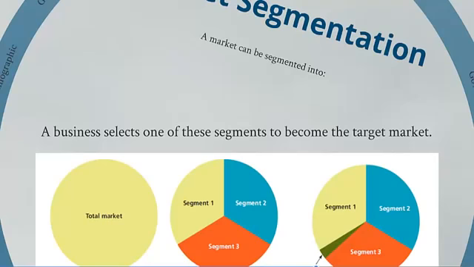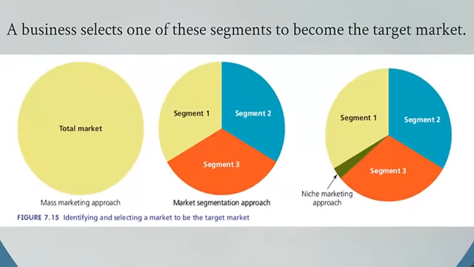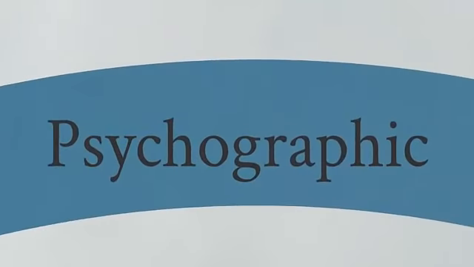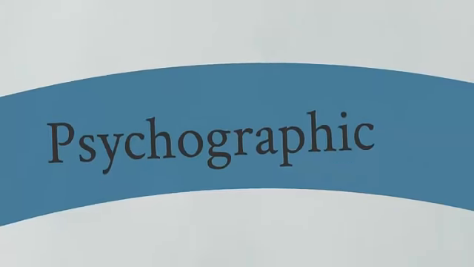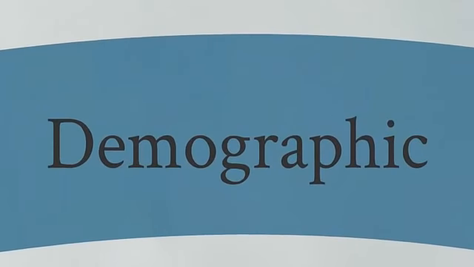A market can be segmented into further types. Psychographic. Factors that influence the consumer's buying behaviour such as perceptions, motives, attitudes and personality. Demographic. In terms of age, gender, location, income, life cycle, education, social class.